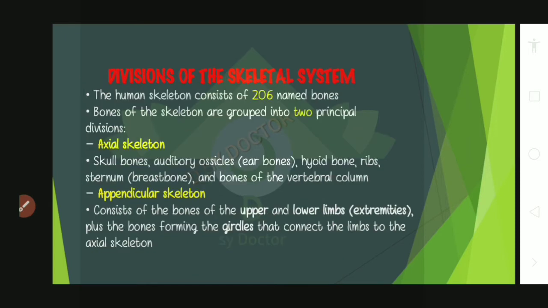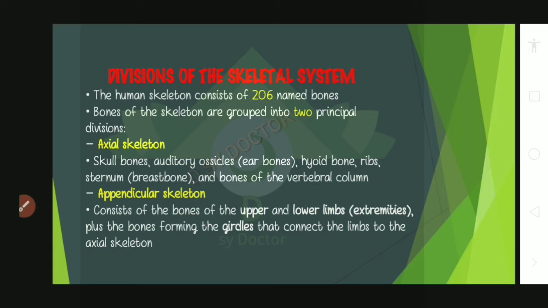Next we will discuss the divisions of the skeletal system, how our skeletal system is divided into different parts. In this way we will recognize the parts of the skeletal system, and we will learn this very clearly and definitely.